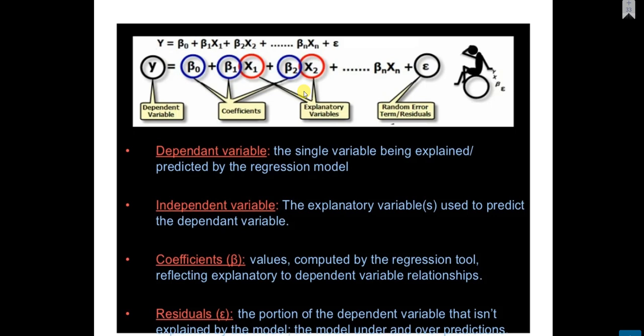And you can see E, that is the random error term, the residual, the portion of the dependent variable that is not explained by the model. So that is the residual, that is the error. X1, X2, X3 up to Xn are all the independent explanatory variables. B0, B1, B2 are all the coefficients, and Y is the dependent variable.